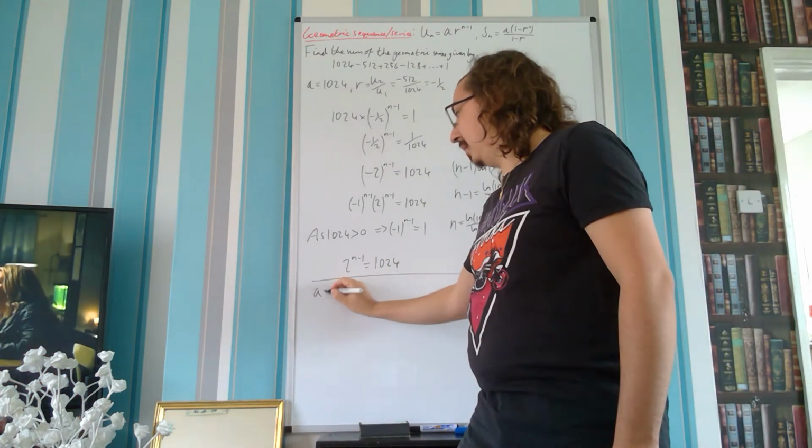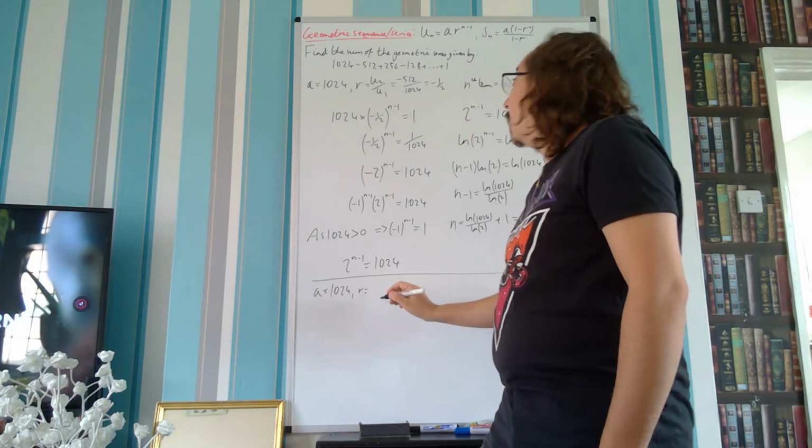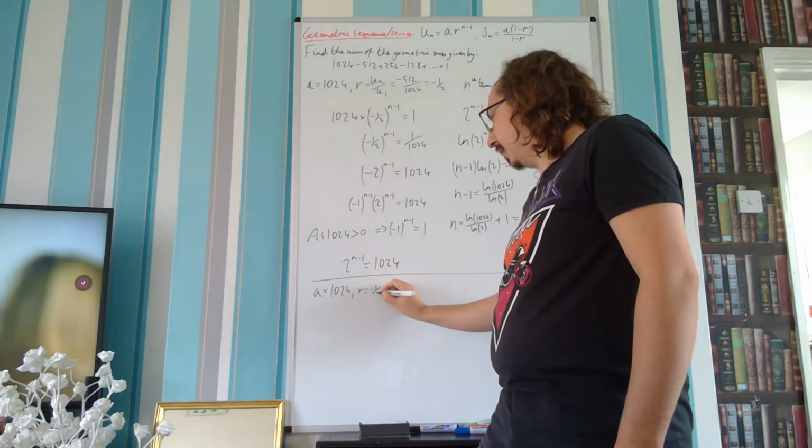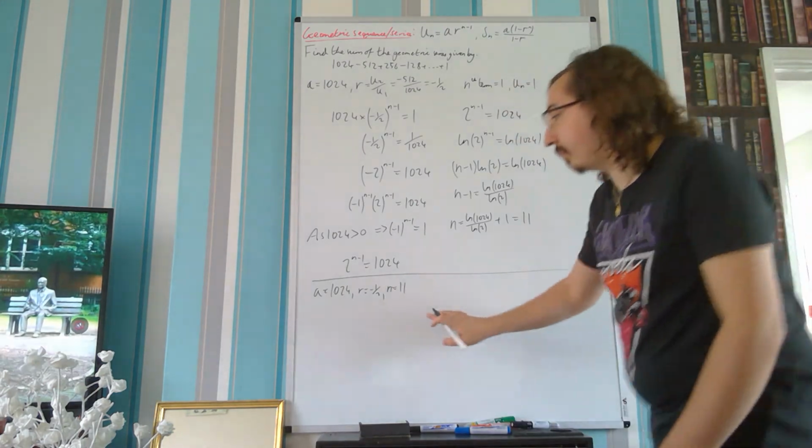So we have a is equal to 1024, r is equal to minus a half, n is equal to 11.